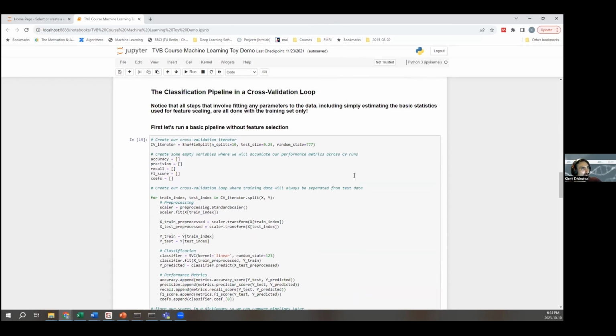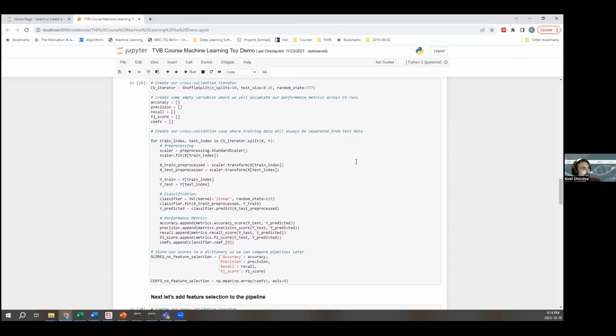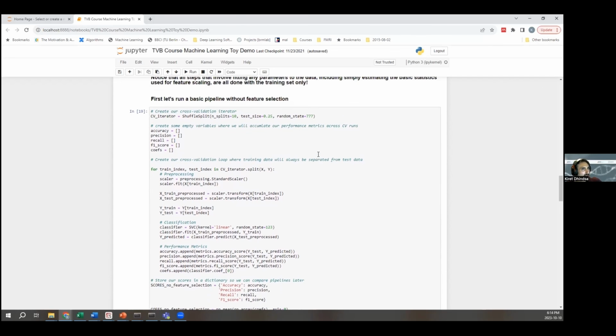And here is a classification pipeline and a cross-validation loop. Here it's just an example of how to actually write a cross-validation loop. scikit-learn actually gives you these pipeline objects that take care of a lot of this stuff for you.